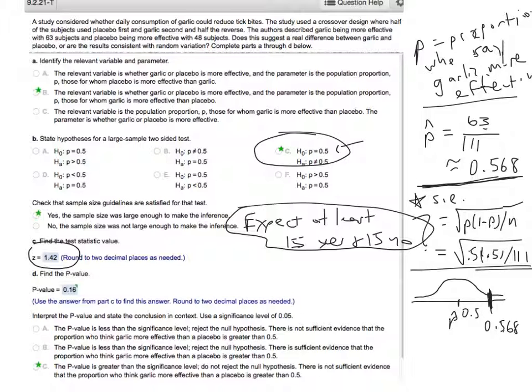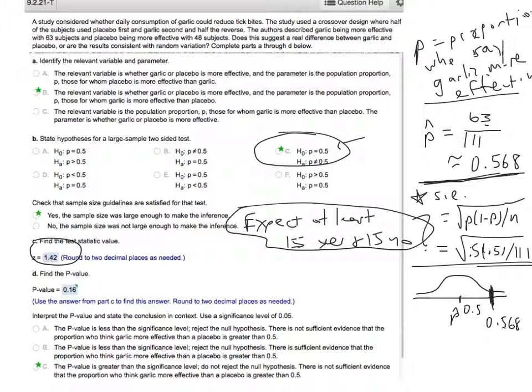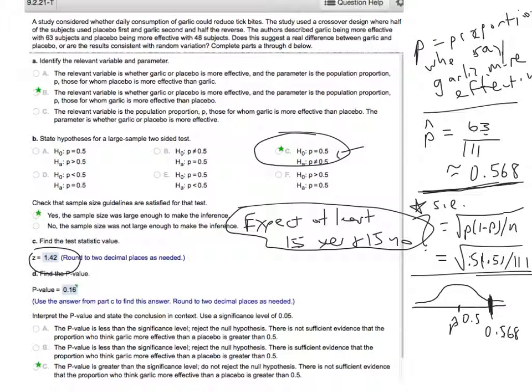And so the way to calculate the z-score is that z is going to be how far from the mean my value is.